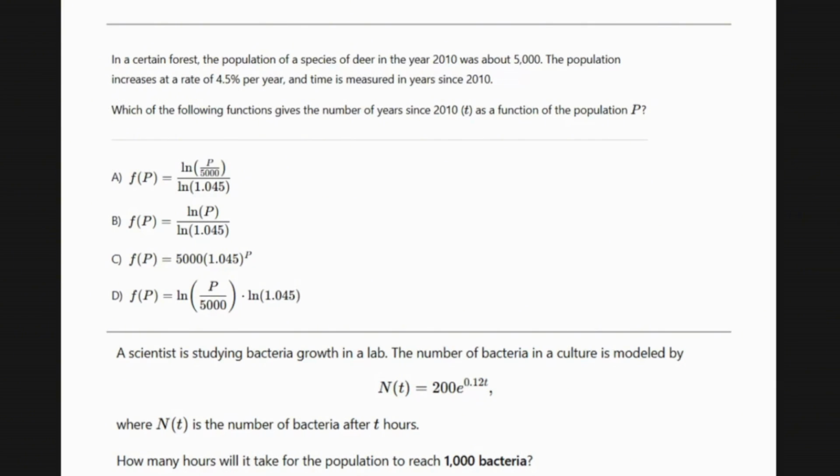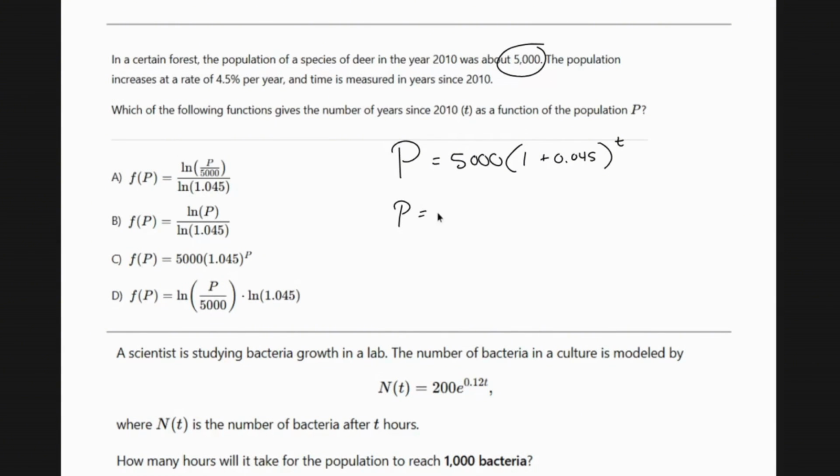First things first, we need to set up the regular population model. The regular population model is going to be P equals your initial population, which is 5,000, times 1 plus our rate, which is 4.5%, so 0.045, to the t.